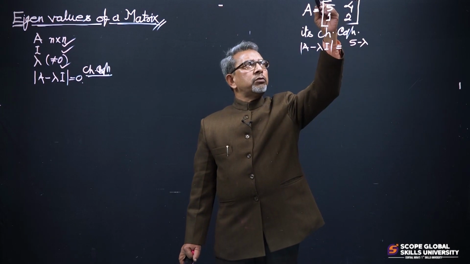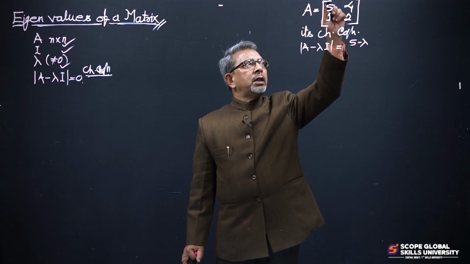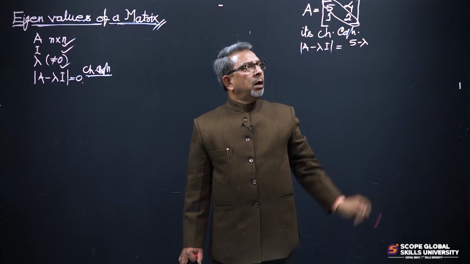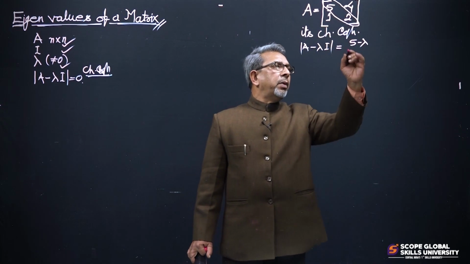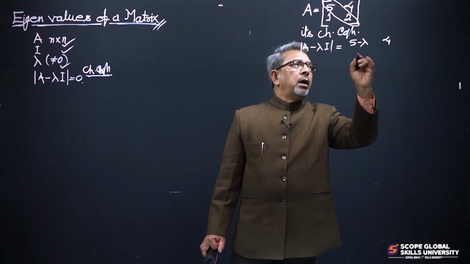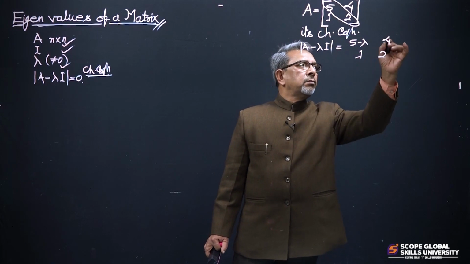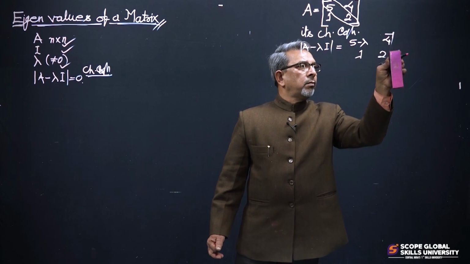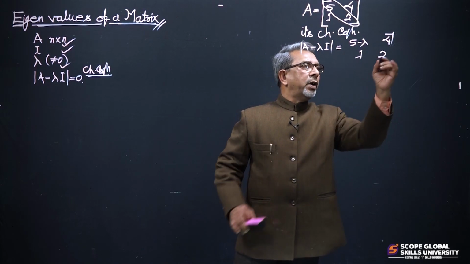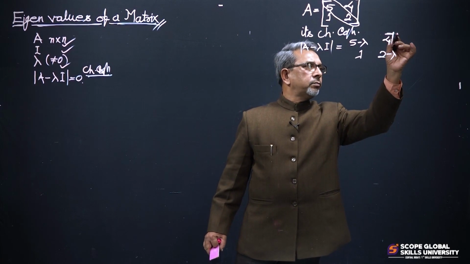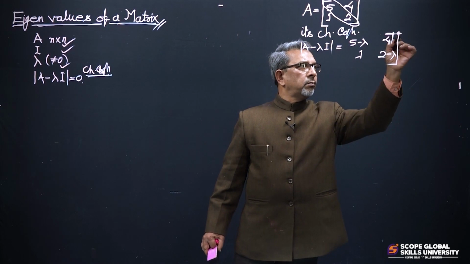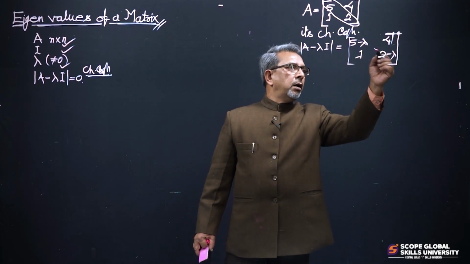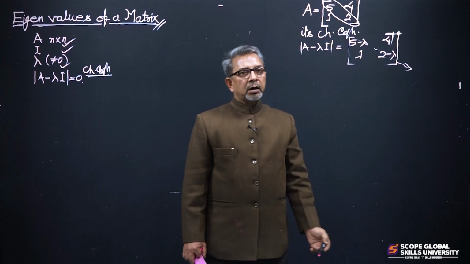Remember, we have to subtract lambda from all the elements given on the diagonal position, like this: 5 minus lambda, and 2 minus lambda. Only the elements on the diagonal position.